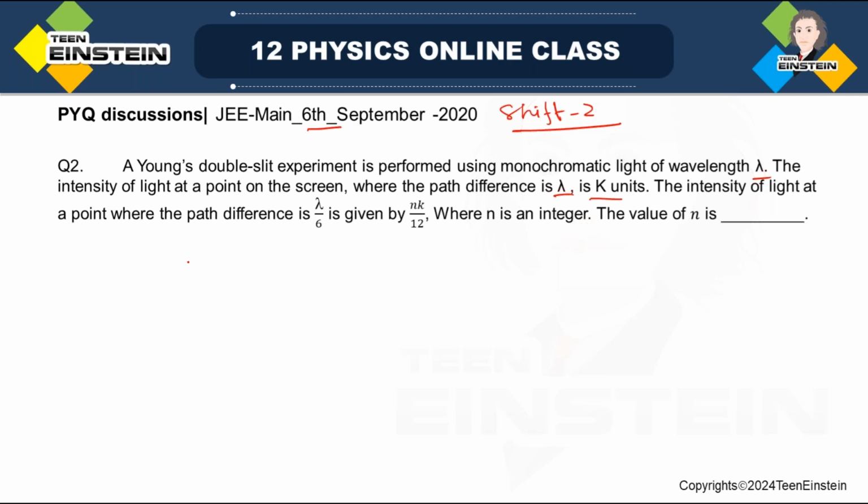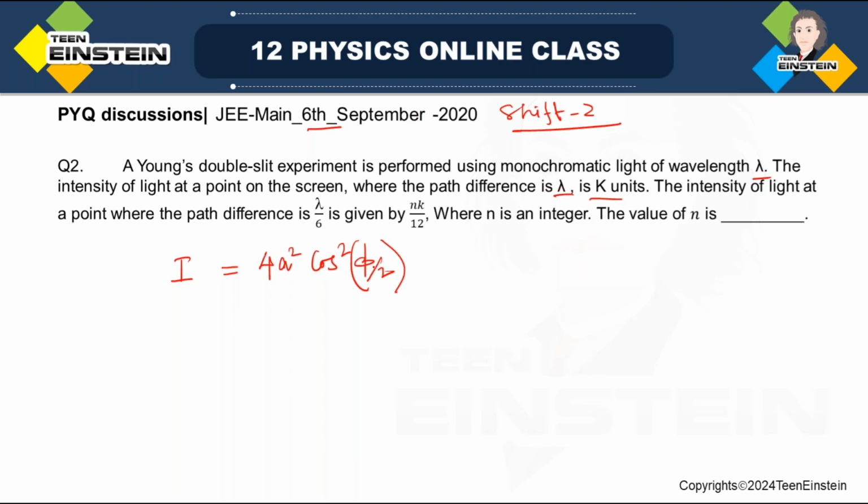See, we know this intensity, if the path difference is given as some lambda, we can find out the phase difference. So in terms of phase difference, it will be 4a square cos square phi by 2.